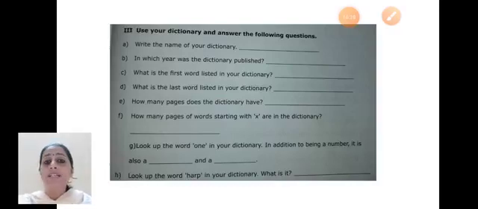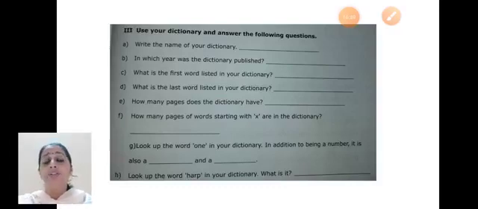But I am using the 10th edition, which came out in the year 2020. Similarly, how many pages does my dictionary have? My dictionary has 1820 pages. So like this, students, you have to answer for whichever dictionary you are using.